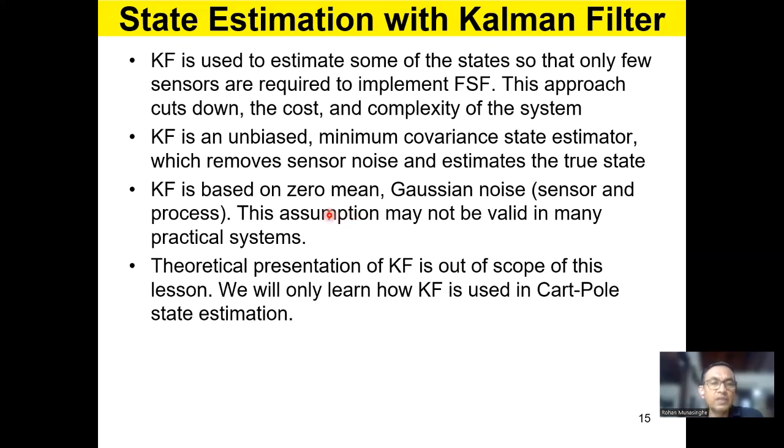And the Kalman filter is based on zero mean Gaussian noise. So when you buy the sensors, make sure the sensor noise distribution is zero mean and Gaussian. In that case, there's no problem using them with the Kalman filter.